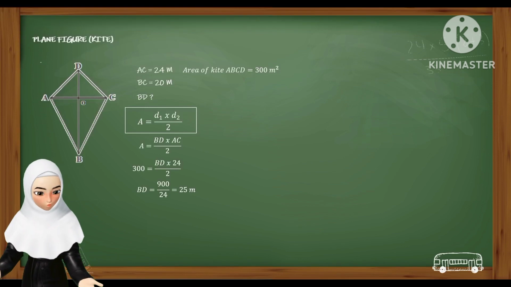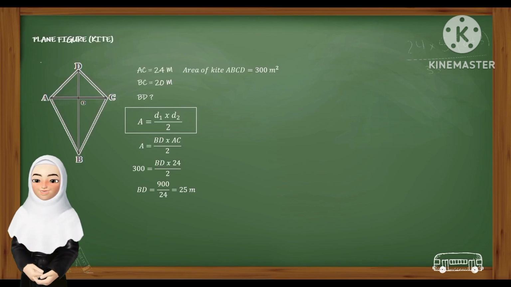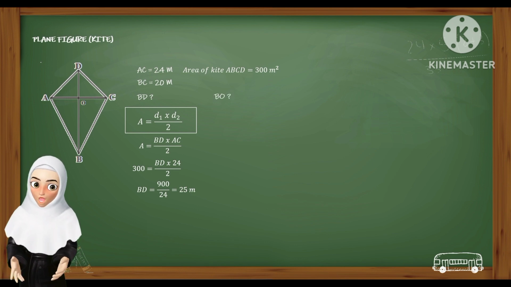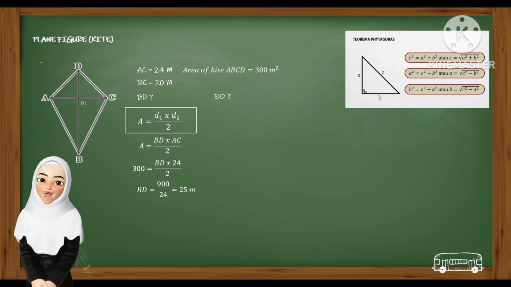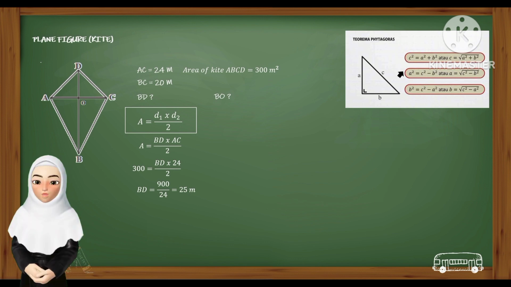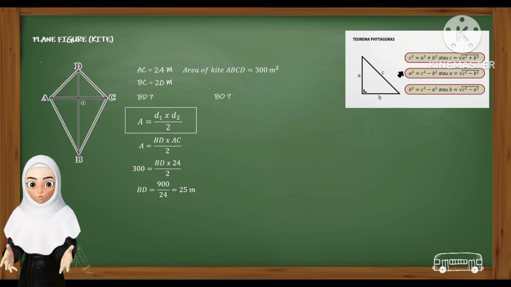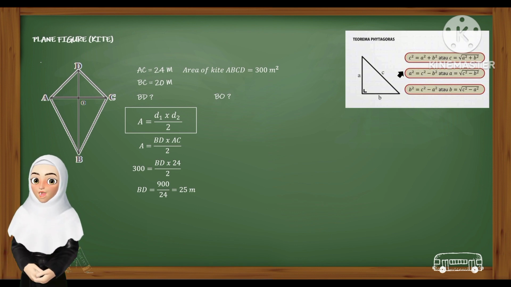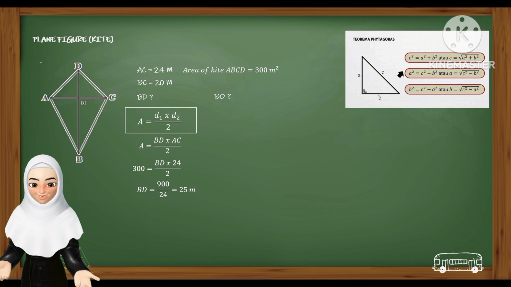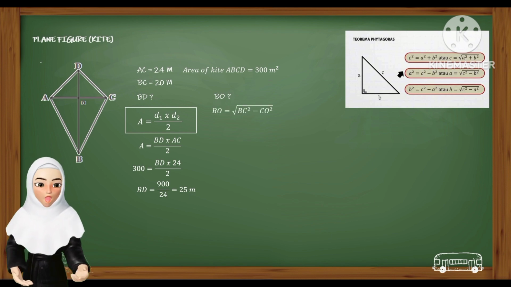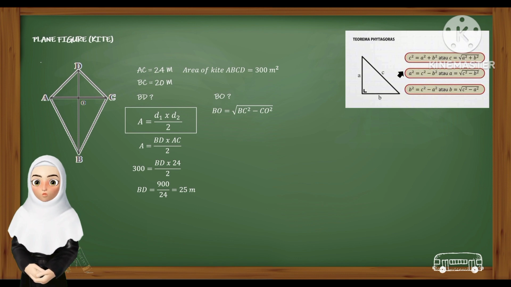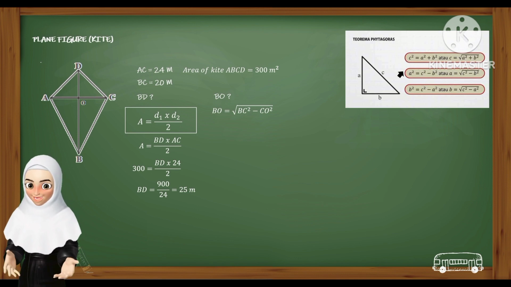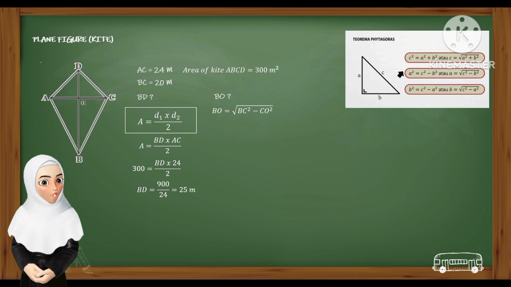The next step is to find the side length of BO using the Pythagorean theorem. We can use the second formula: A is the square root of C squared minus B squared, or we can write BO is the square root of BC squared minus CO squared. We substitute the values in.